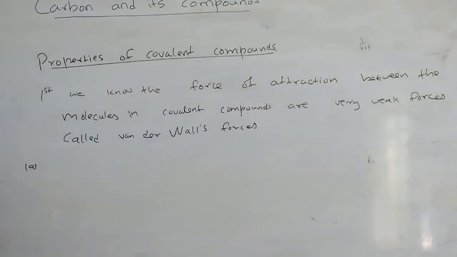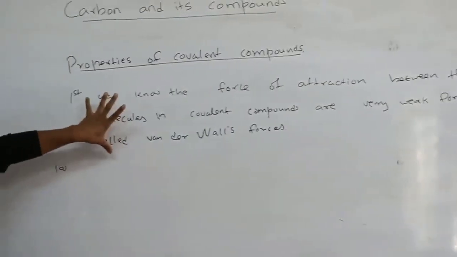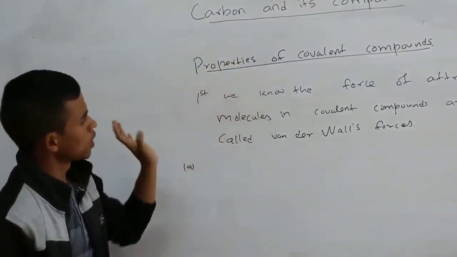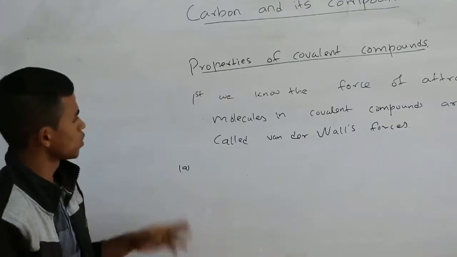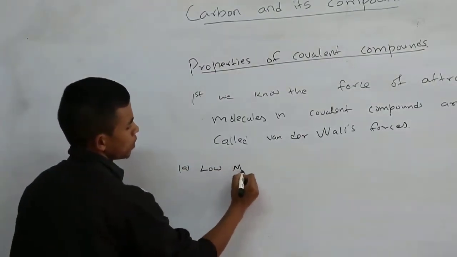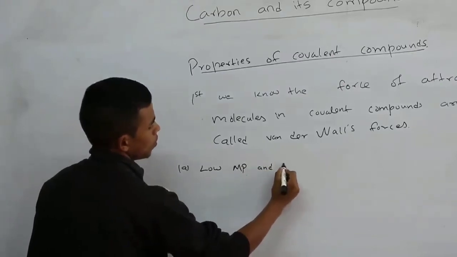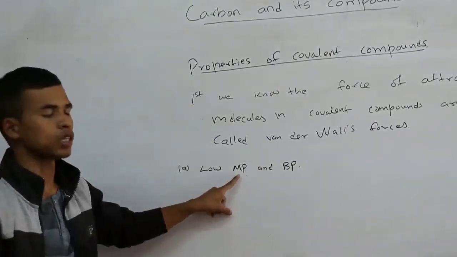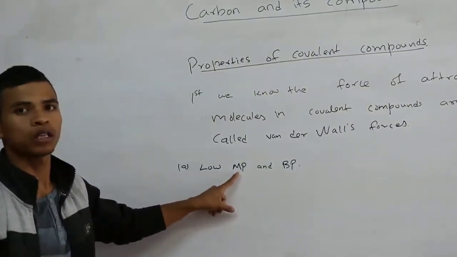So as a result of this, because the forces that bind the molecules in a covalent compound are very weak, that's why they have low melting point and boiling point, because a small amount of energy is enough to break the molecules in a covalent compound.